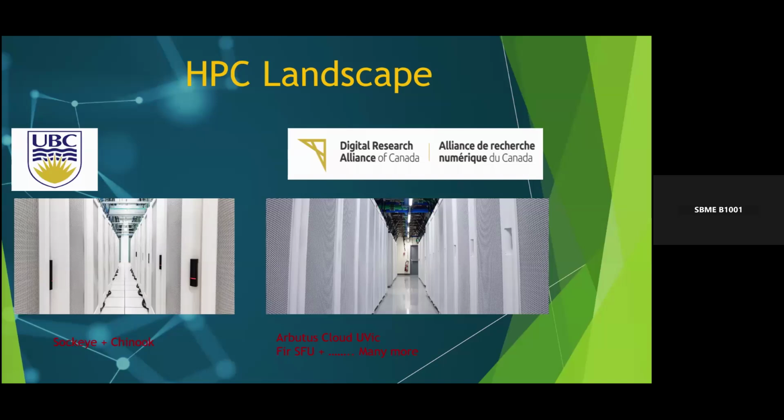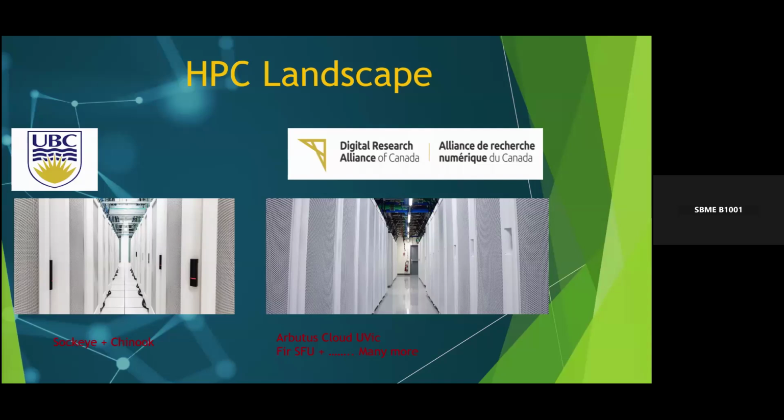On the other hand, within Canada we also have a very nice, powerful organization which encompasses most of the universities across Canada. This organization used to be called Compute Canada a couple of years ago. Right now, it's called the Digital Research Alliance of Canada.